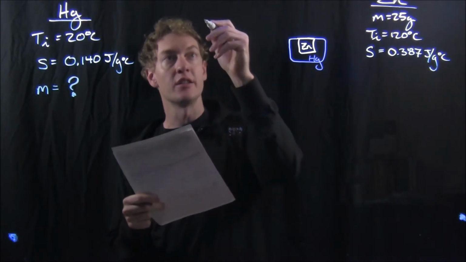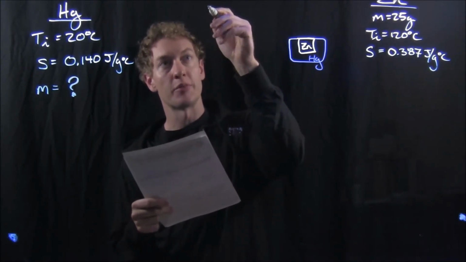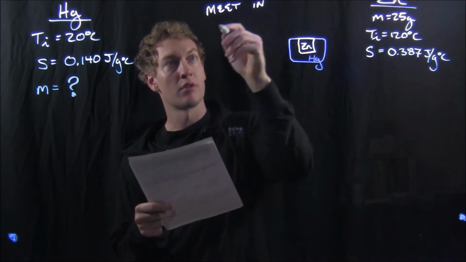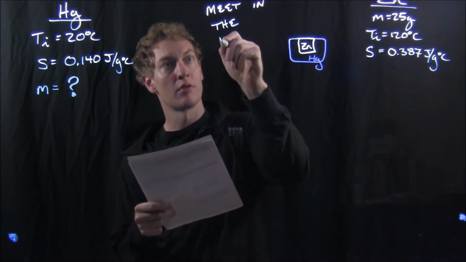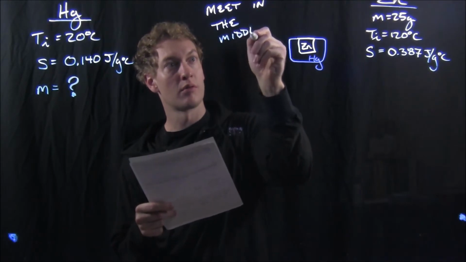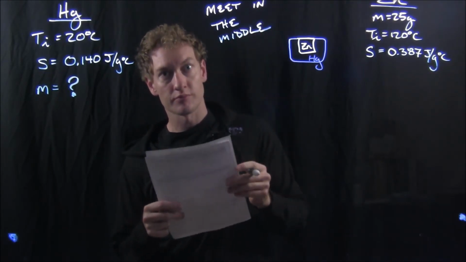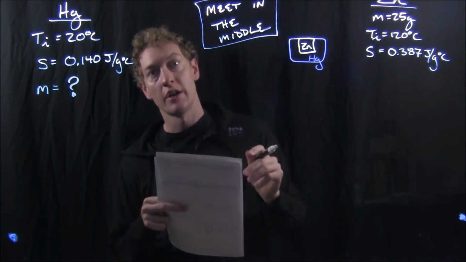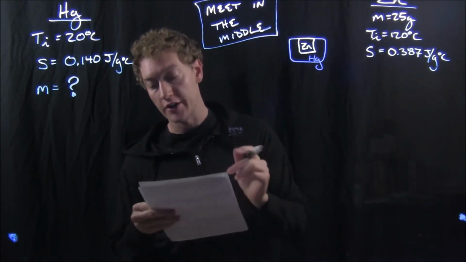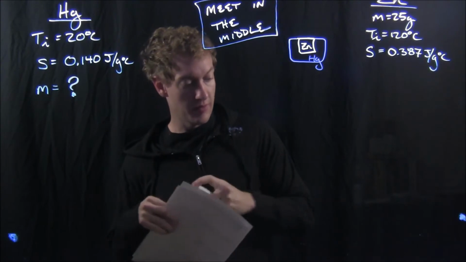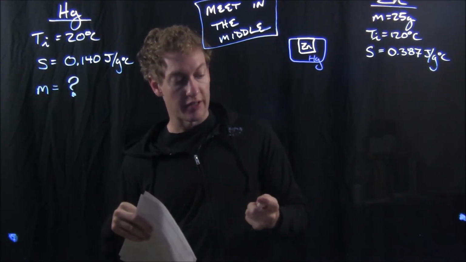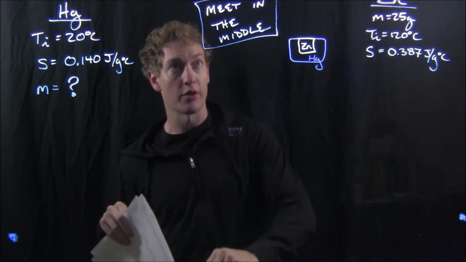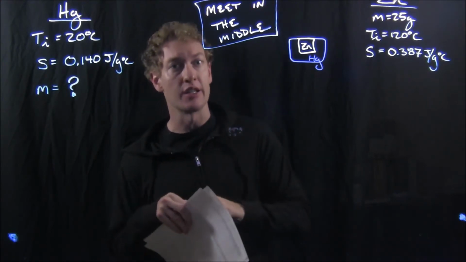And the key is for the temperatures to meet in the middle. Lots of the kids that I talk to, they miss that little phrase. And so I think it's impossible to solve if you don't pick up on that key part of the question.